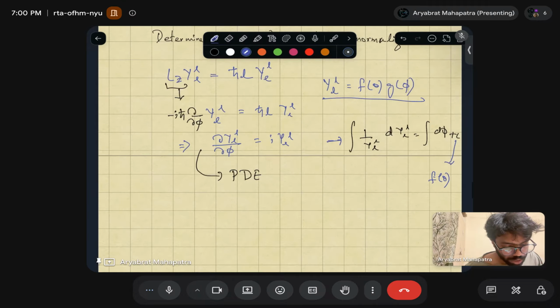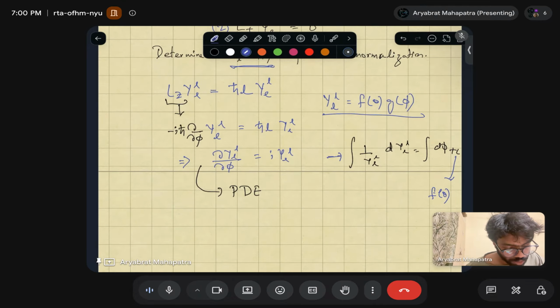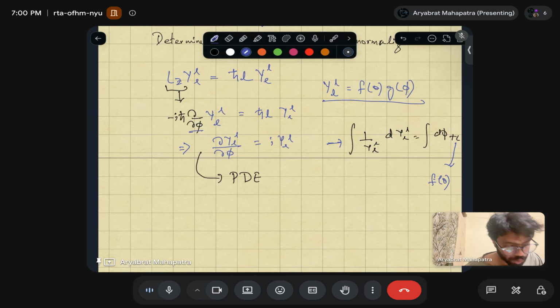So when we are dealing with partial derivatives of phi, the constant will be f of theta, not simply a constant value. It should be constant in the other variable. That is what you do in a partial differential equation.